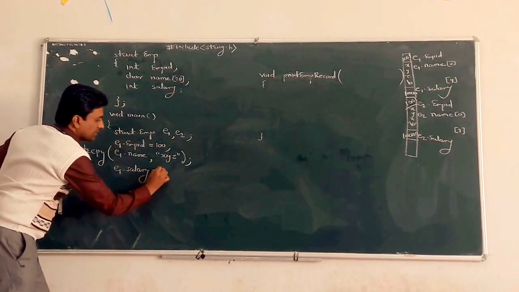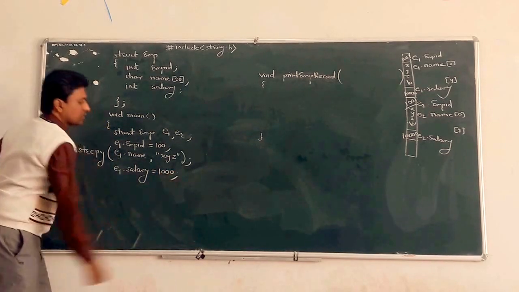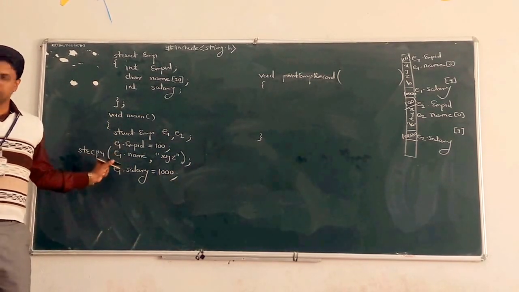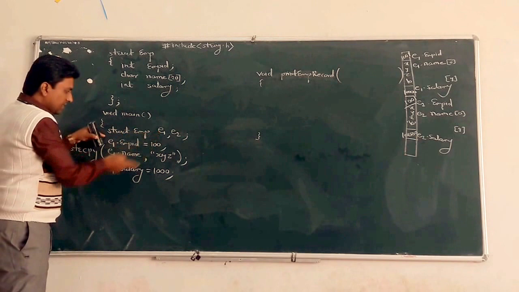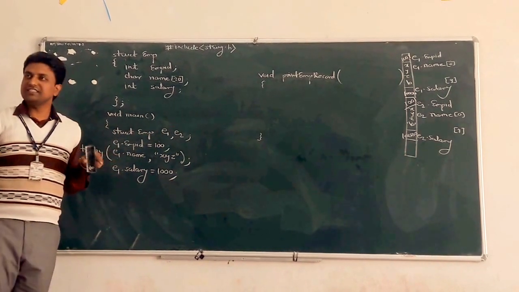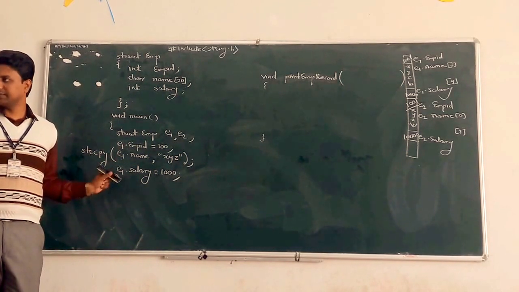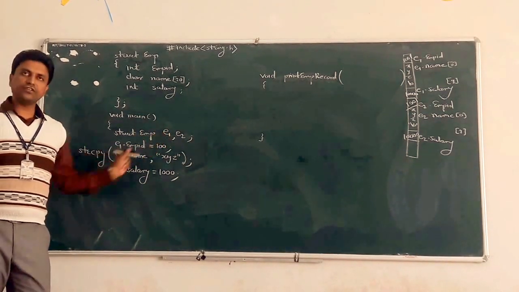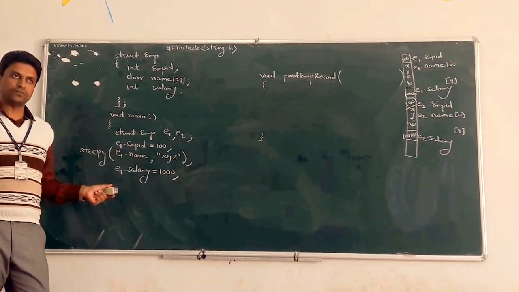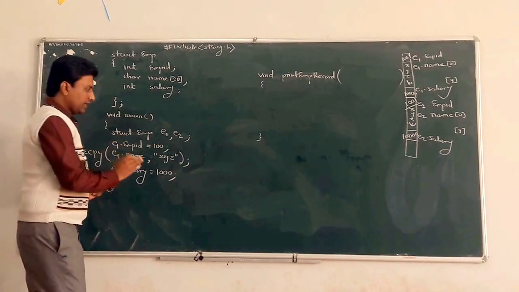Now next, E1 dot salary is equal to, suppose, 1000. So we have to initialize this E1, but how? Statically, not at runtime. As well as we can initialize E2.